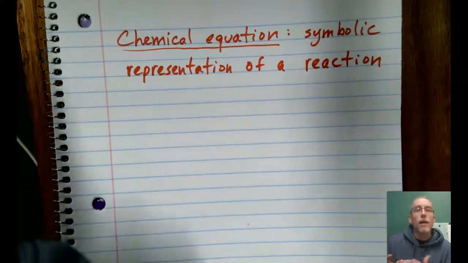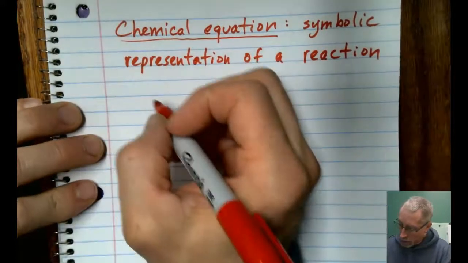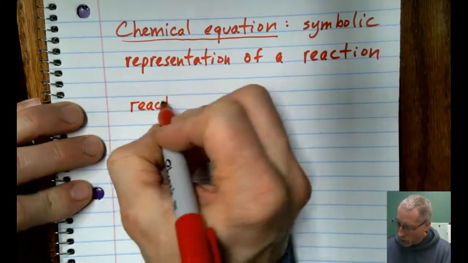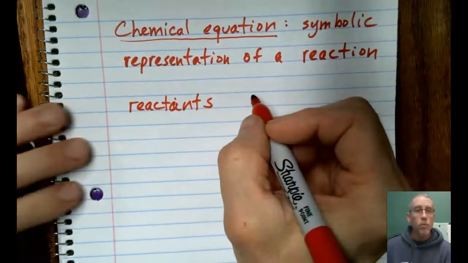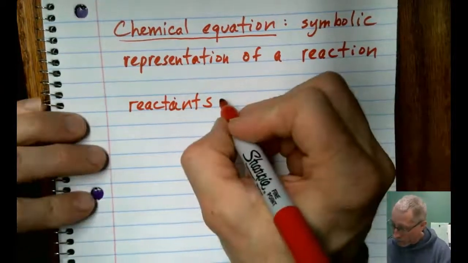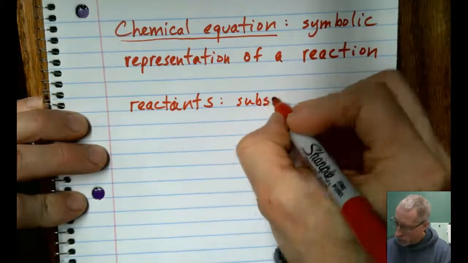Every equation kind of has certain parts. I want to show you what those parts are. Okay. We start with what we call listing the reactants. Those are the things that we have before the reaction.